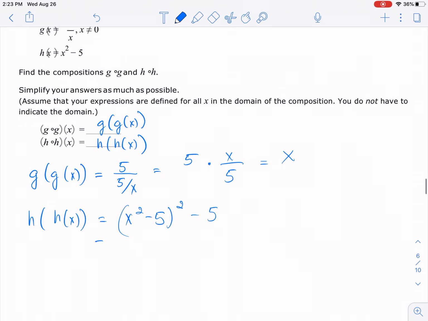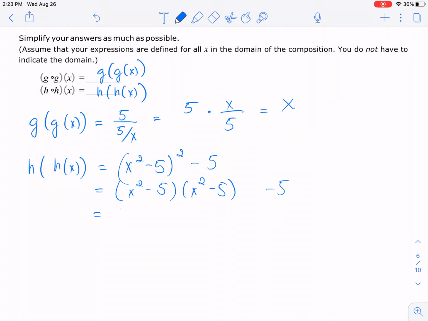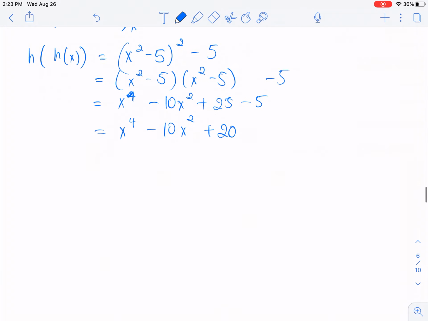Okay, so we want to FOIL. So in the end, we have x to the 4th minus 10x squared plus 20. All right, moving on to number 11.